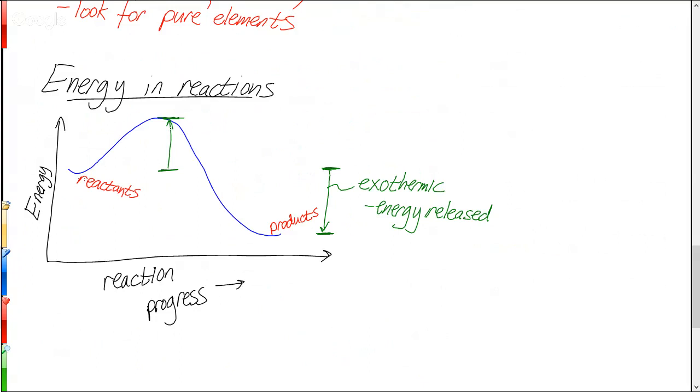Why is that? If it's an exothermic reaction, why do we have to put energy in? It's not the same as the stuff that comes out. It's called the activation energy.